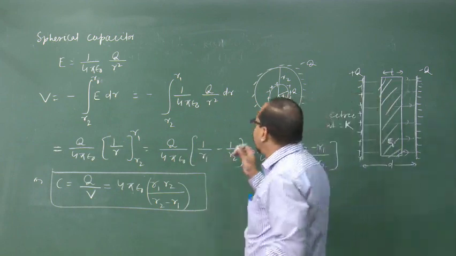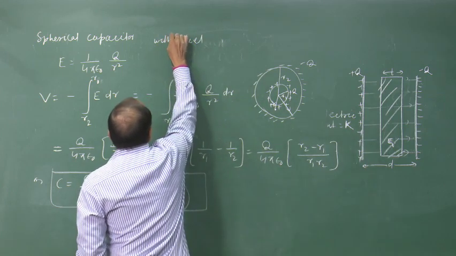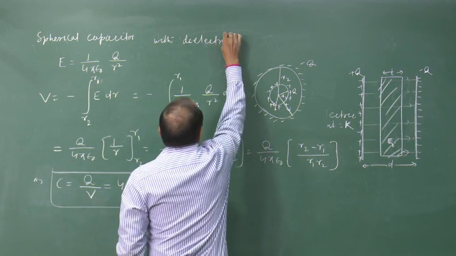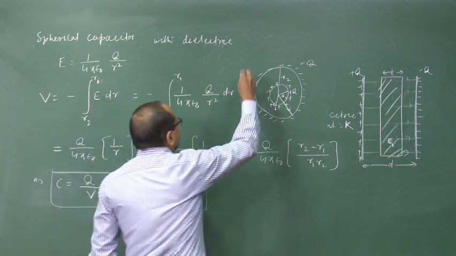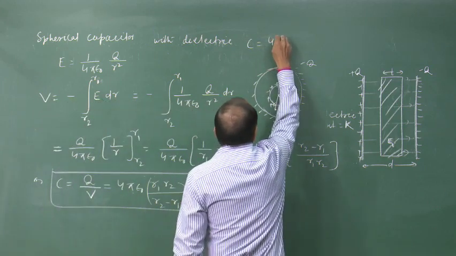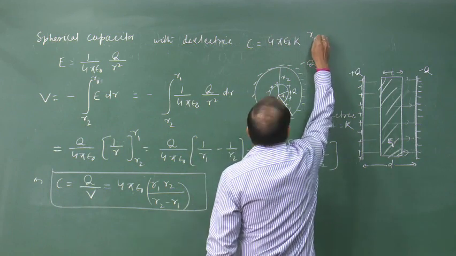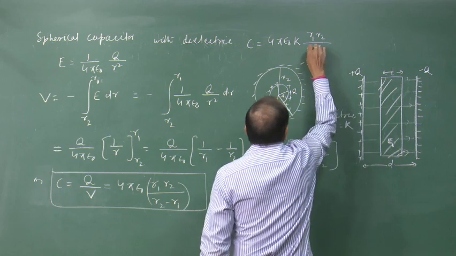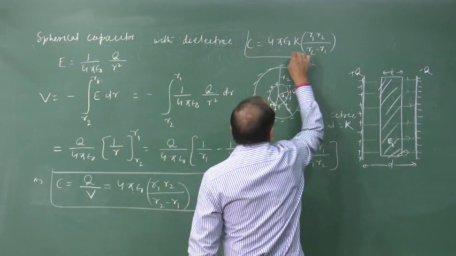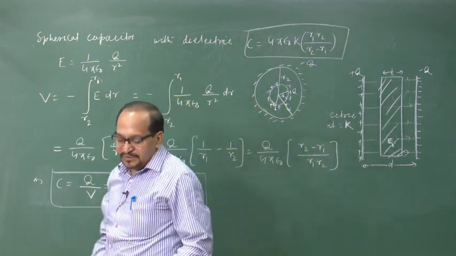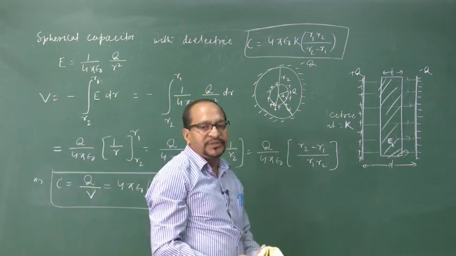If the gap is filled with dielectric, the capacitance will increase by k times, as we have already discussed. So, with dielectric the capacitance will become 4 pi epsilon naught k into R1 R2 divided by R2 minus R1. Okay. So, this is the capacitance of a spherical capacitor without and with dielectric.